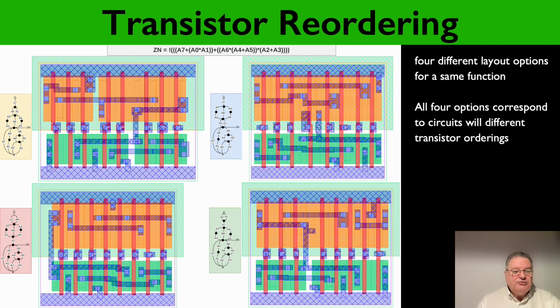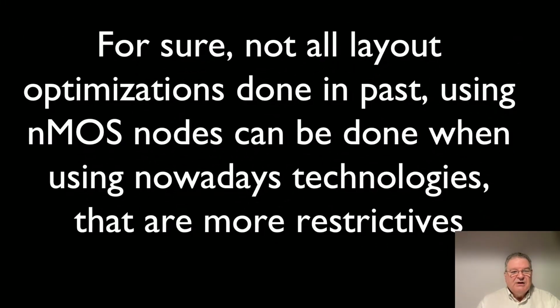But we also have here 4 options that can be used if you want to give more difficulty to someone who is willing to do reverse engineering of the circuit. Then they will find more options for each function. So for sure, not all layout optimization was done in the past using NMOS transistors.